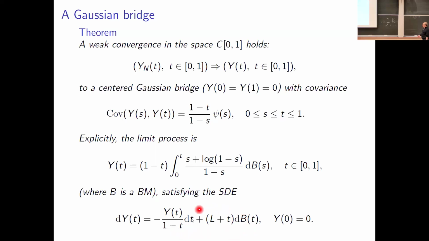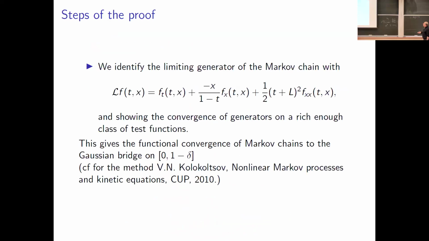If the diffusion term would be one, that would be just explicitly the Brownian bridge. But it's not a Brownian bridge, it's something different. So that's the limit process, which appears by suitably scaling the number of edges.